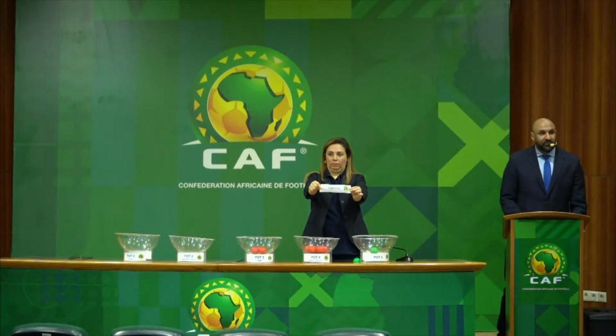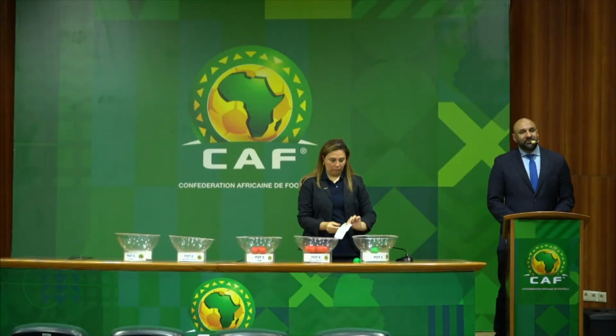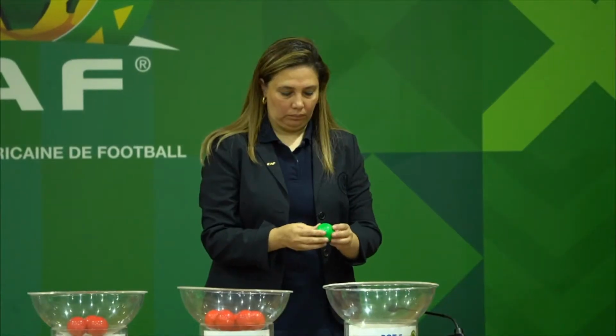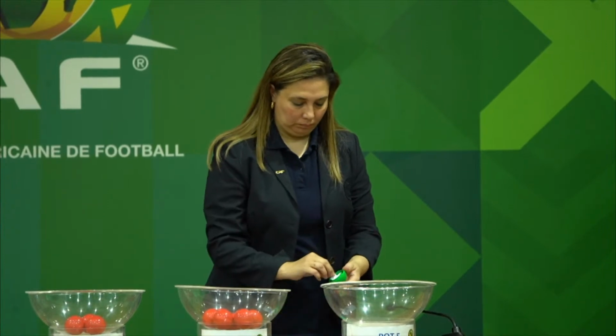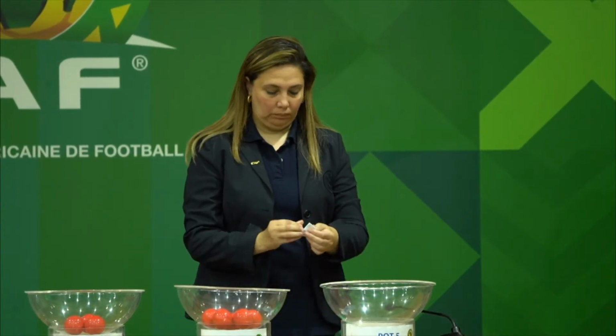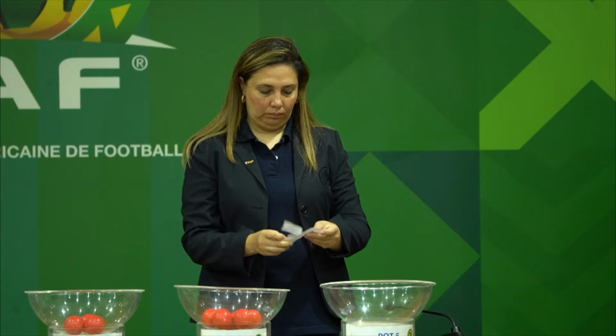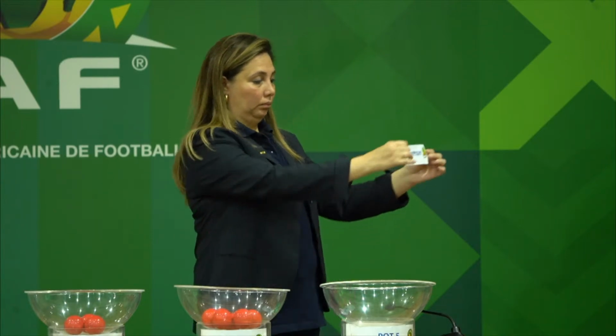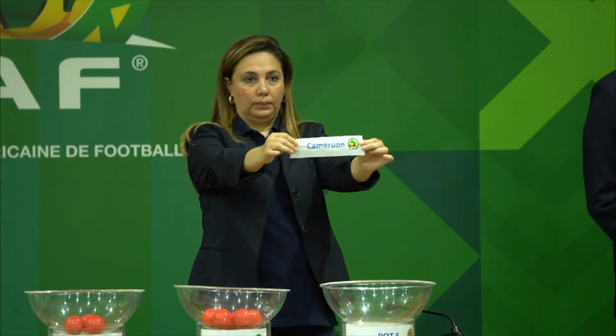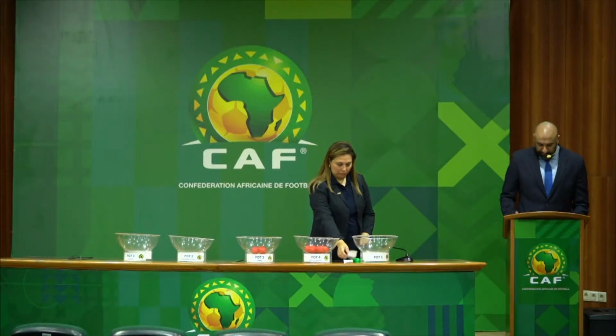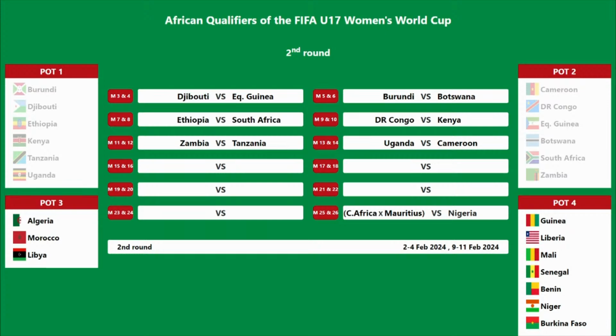Uganda was eliminated from the second round of the previous edition. And Uganda will play against the last remaining team from these two pots, Cameroon, who was almost there in the last World Cup. They were eliminated in the last round. This concludes the draw of the two pots, pot 1 and 2.